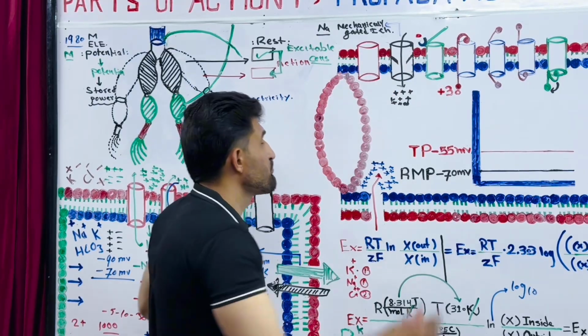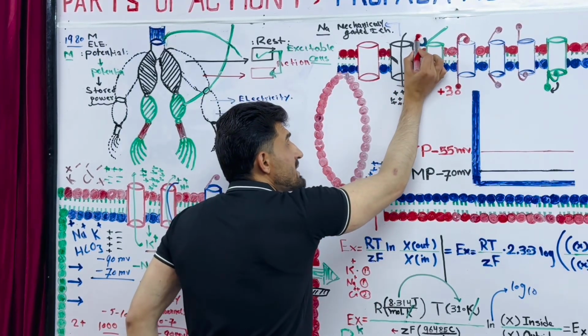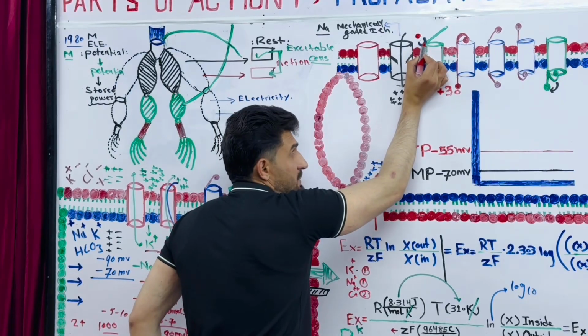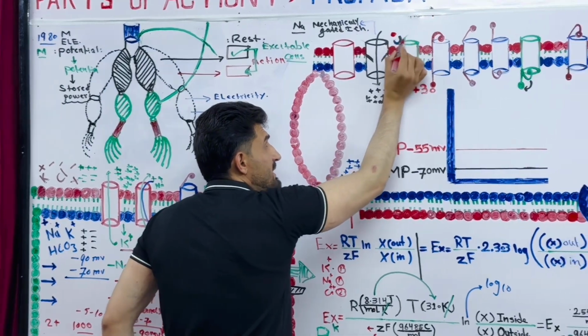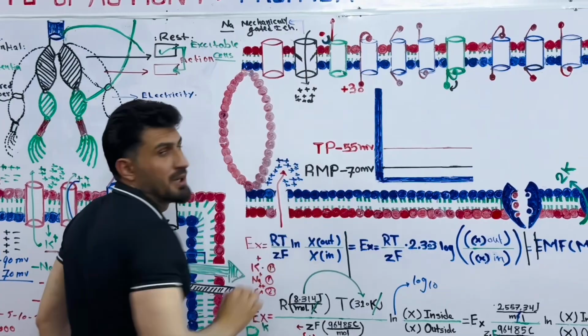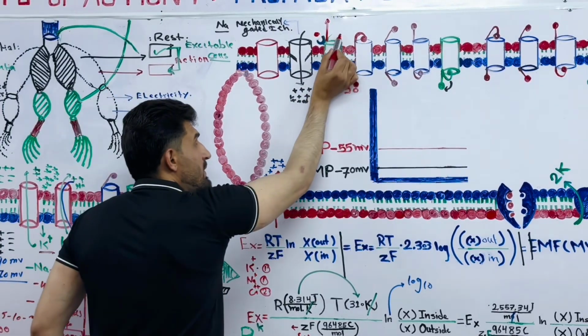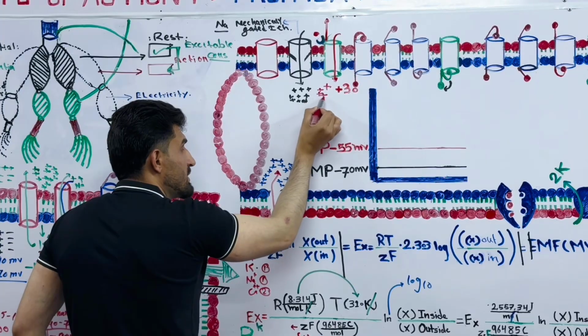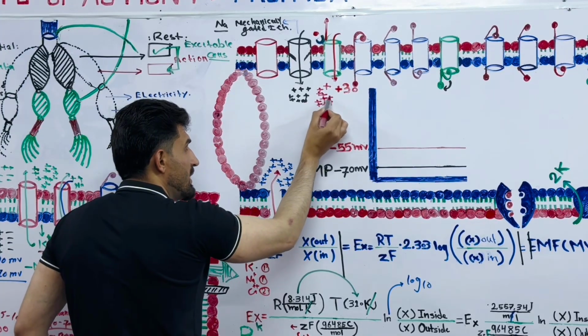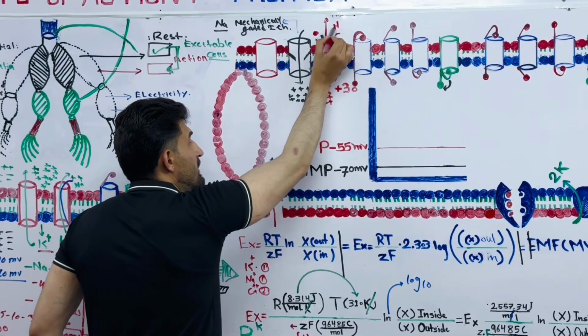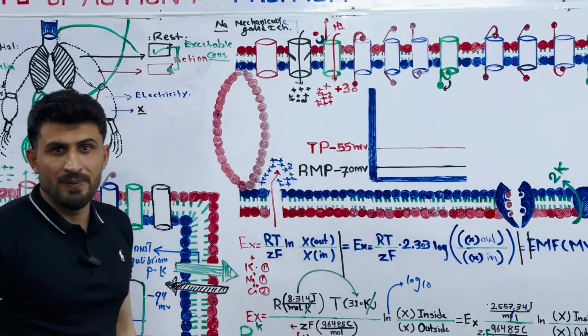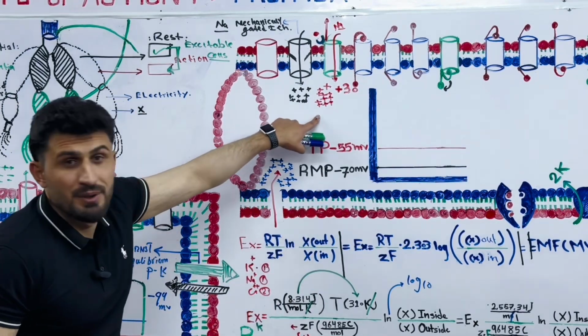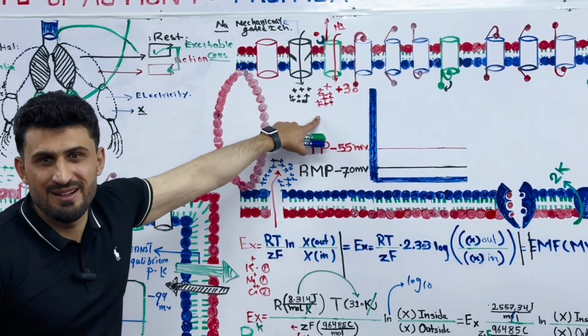But anyway, when acetylcholine binds to its receptor, this gate will be opened, and when this gate is open, a lot of positive charges enter the cell because this ligand gated channel is for sodium. This is another way to enter positive charges to the inside of the cell.